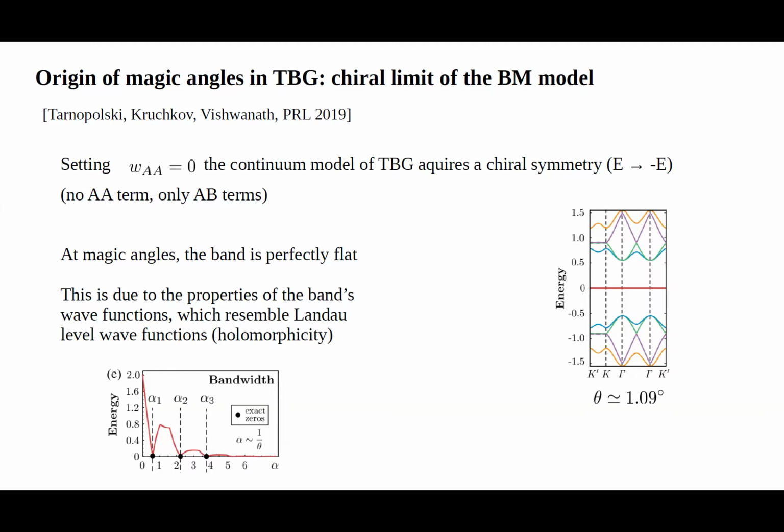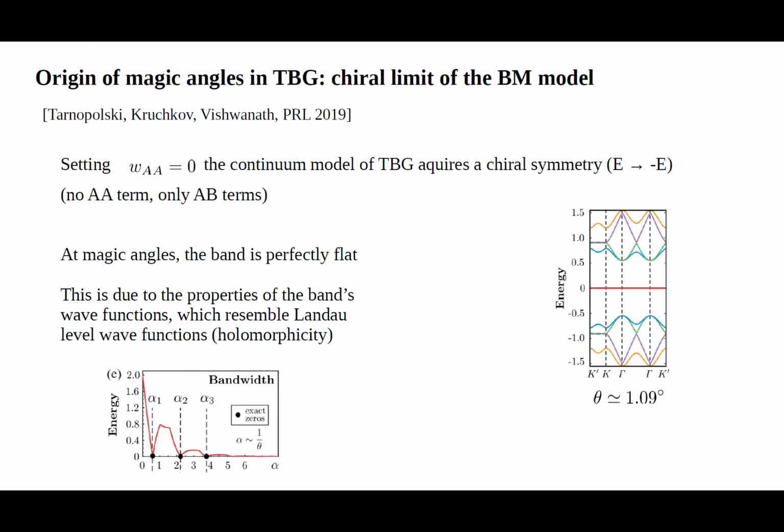So there's something to do with holomorphicity. I won't get into the detail of that, but whenever, in the chiral limit at magic angle, you have a zero mode, then you can show that you can build a zero mode for any k as long as you have one for a single point in the Brillouin zone. So if you can do that, then your band is perfectly flat.